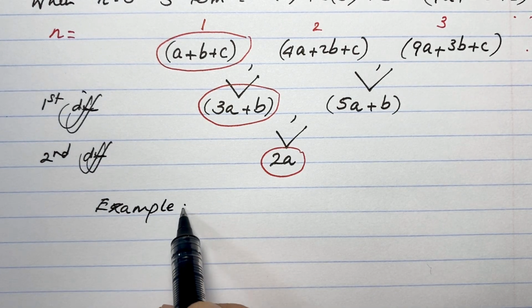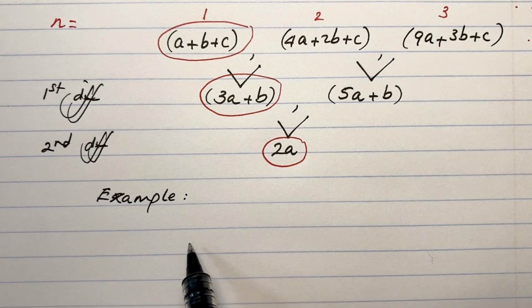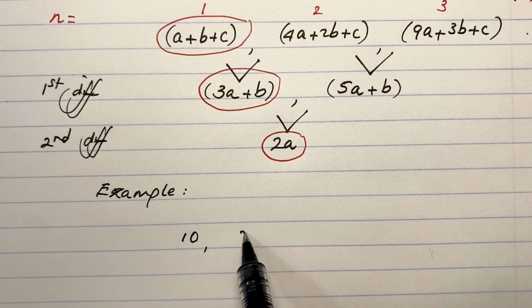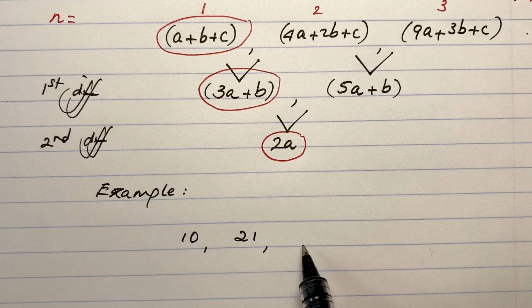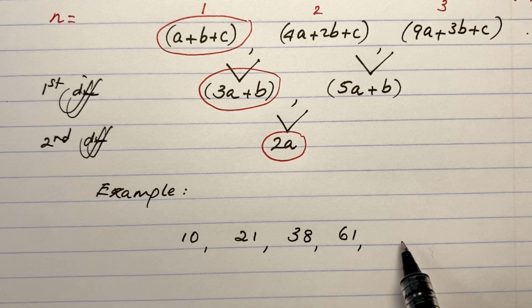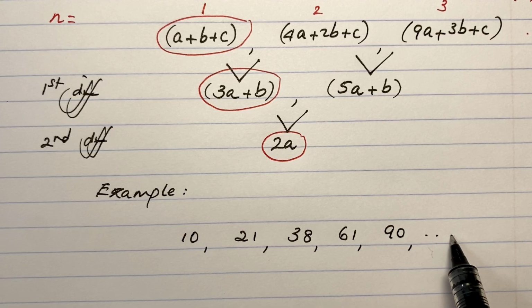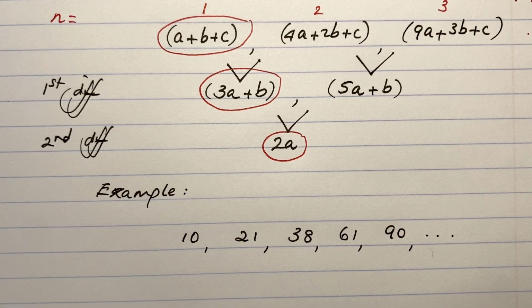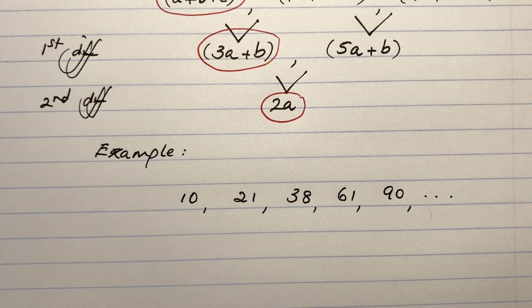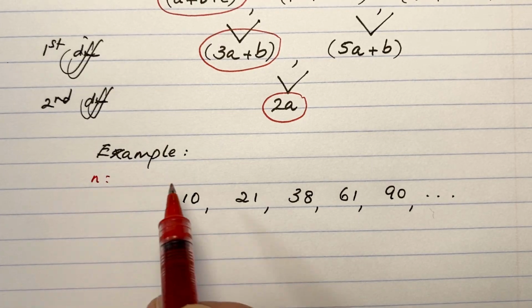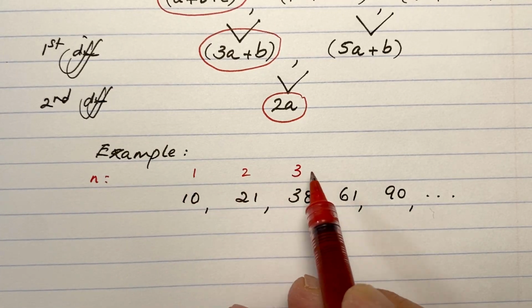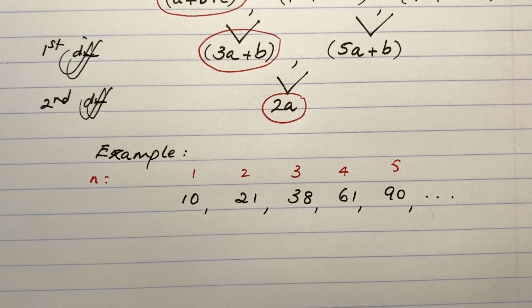The sequence being 10, 21, 38, 61, 90, etc. As before, we're giving these numbers n as 1, 2, 3, 4, 5.